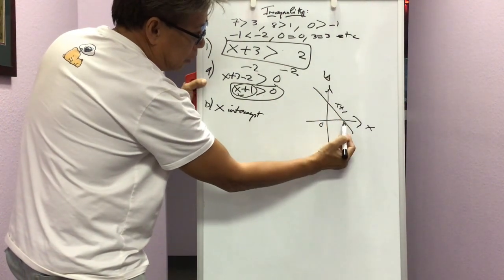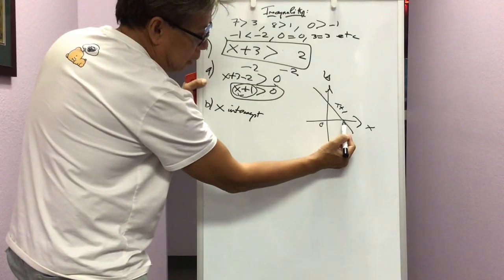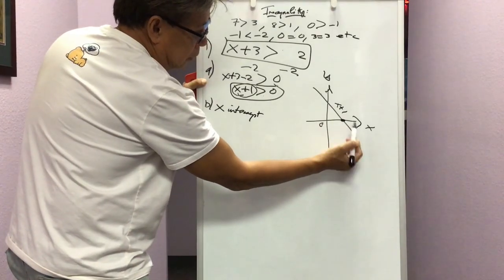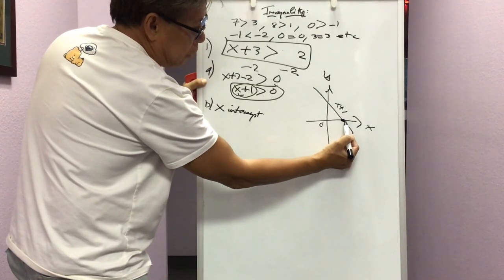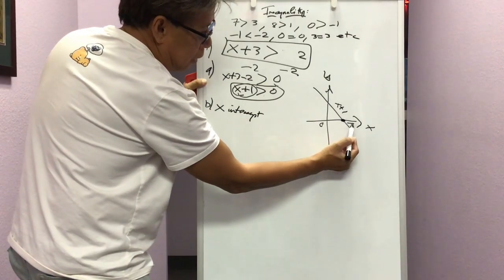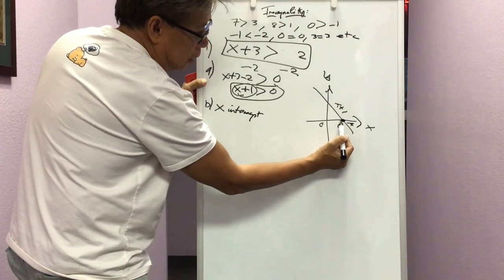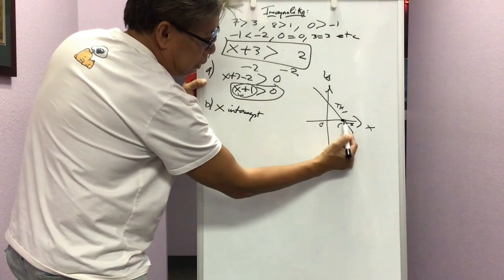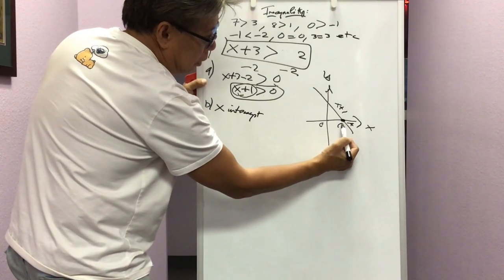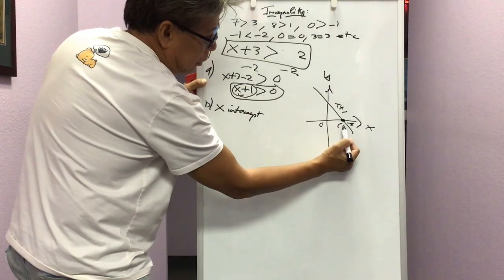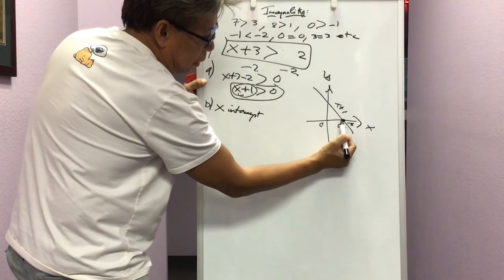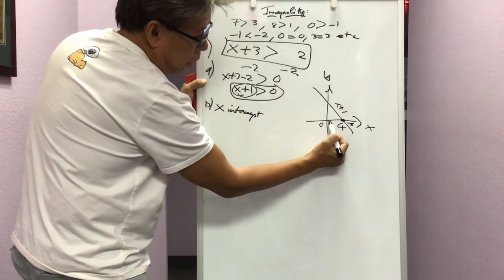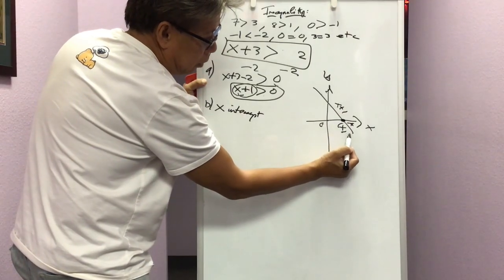Where the line crosses the x axis is called the x-intercept, and this point A has an x value and a y value equal to 0.